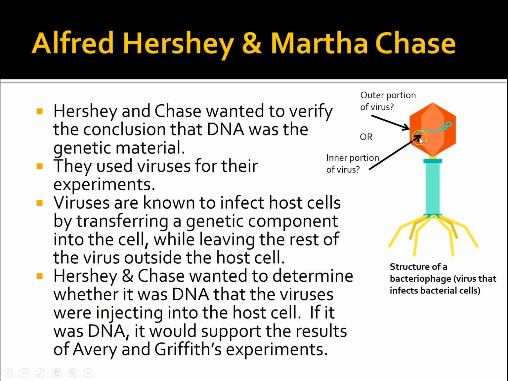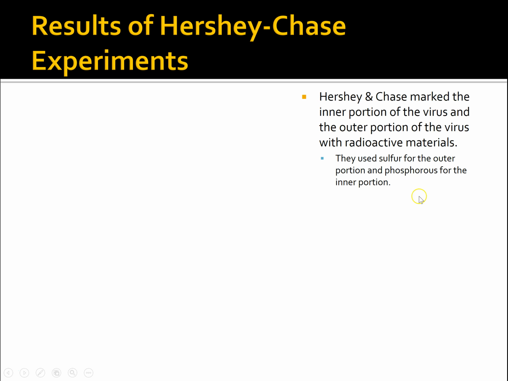If we look back here, there's an inner portion, and then there's this whole big outer portion. They used sulfur for the outer portion and phosphorus for the inner portion. So they're marking it radioactively, which is something that they can pick up on an X-ray.